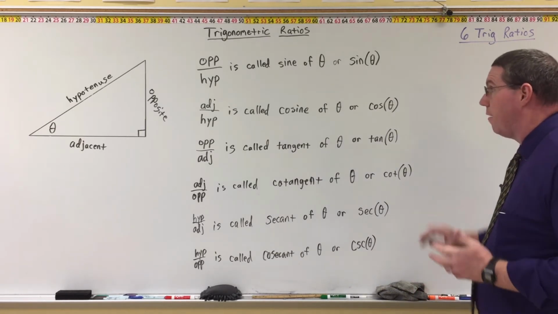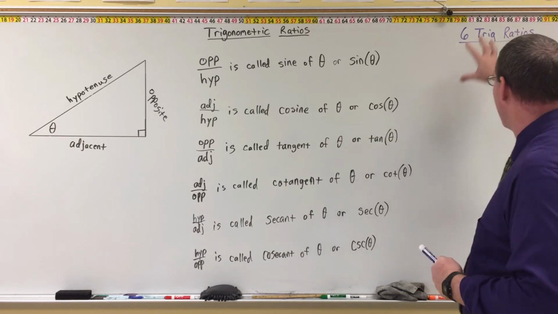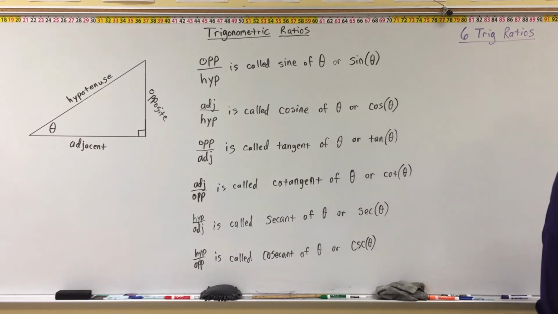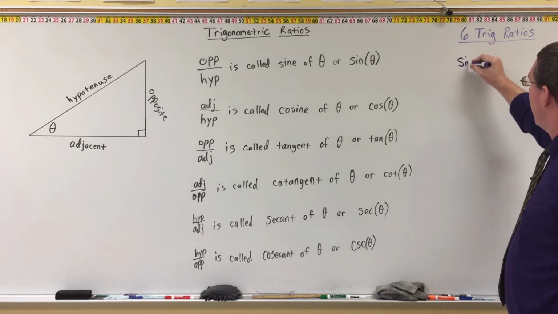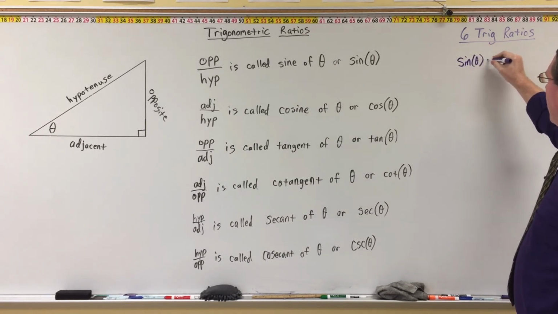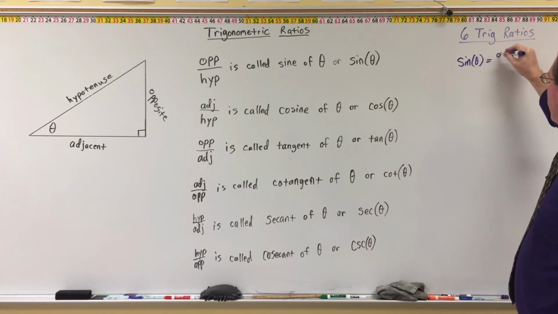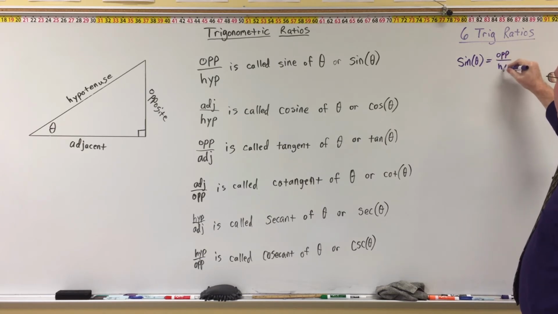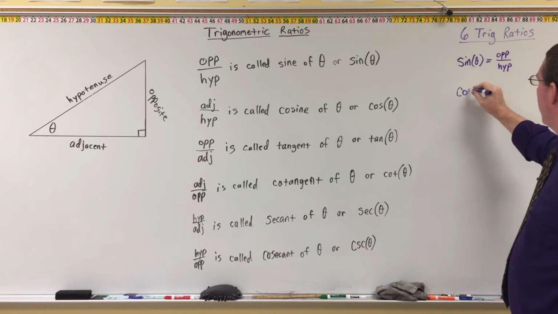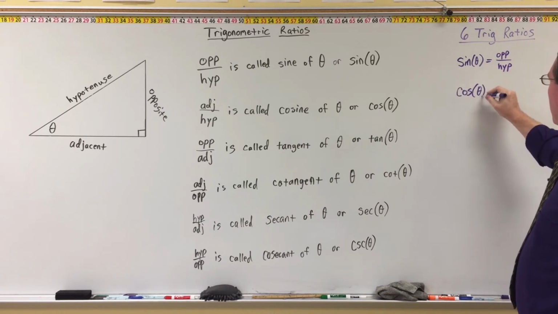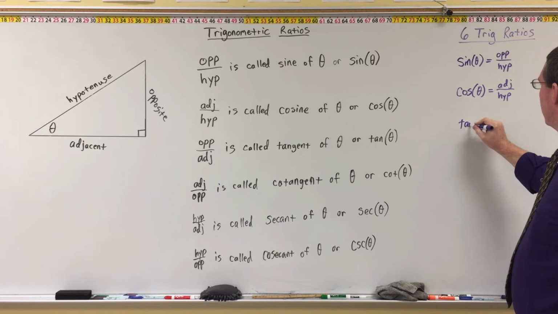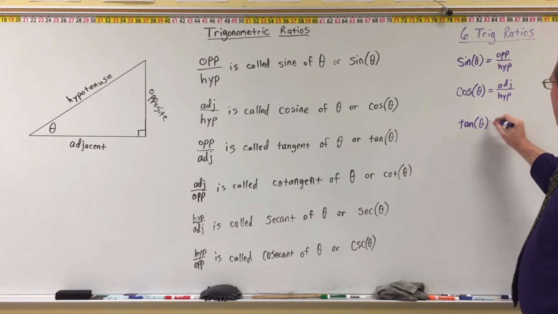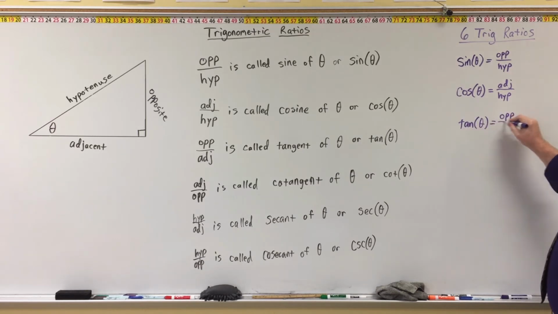And so you're going to want to write these down. You're going to want a summary of these 6 ratios. And so that's what we're going to put right here. We're going to summarize the 6 ratios. And we're going to say that sine of theta is equal to opposite over hypotenuse. And then the cosine of theta is adjacent over hypotenuse. And then the tangent of theta is opposite over adjacent.